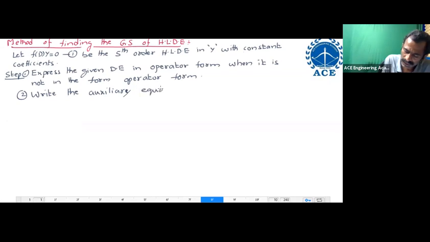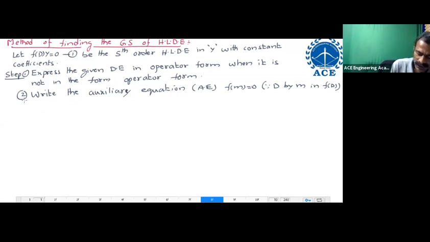In short form, A.E.: f of m equal to 0, since D becomes m in f of D. This is the second step.